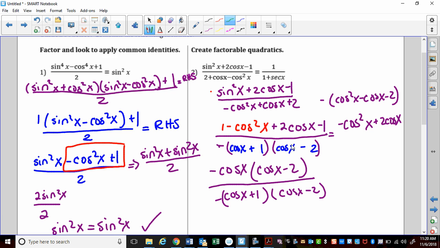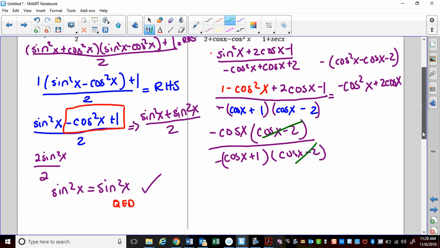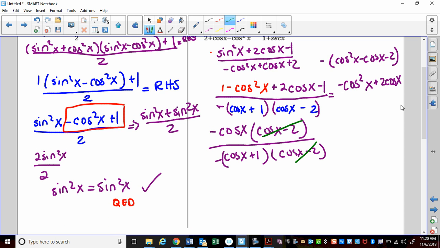I do see that these cancel, and I'm left with negative cosine of x over negative, don't forget this negative, parentheses, cosine of x plus 1. Now a negative divided by a negative is a positive, so now I'm just going to cancel these. These are now positive.